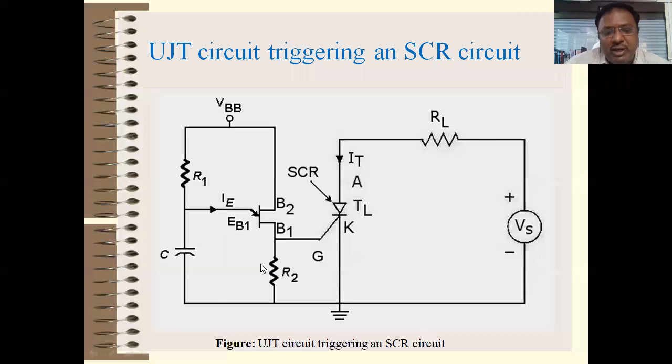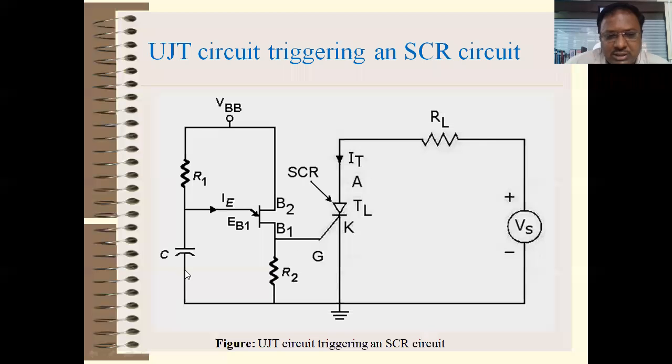So this is very important. We have to select the value of R2 in such a way that when the UJT is on, the voltage across R2 is sufficient so that your SCR turns on. So remember this. VBB turns on, capacitor C charges.